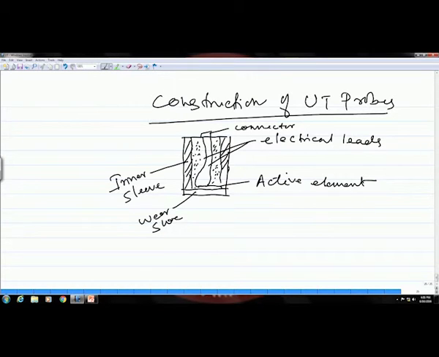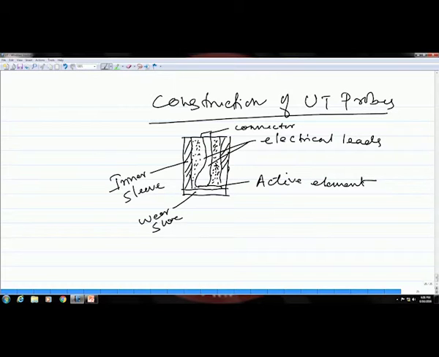So, a good damping background is provided in this housing, so that vibrations can be quickly absorbed after the transmission has happened, so that the transducer is ready for receiving.